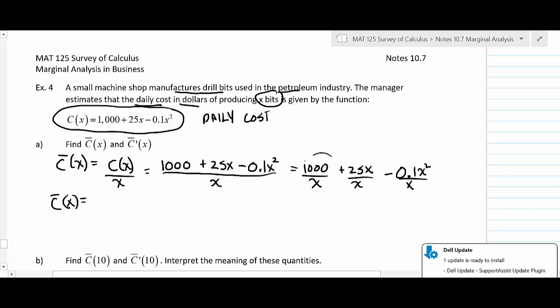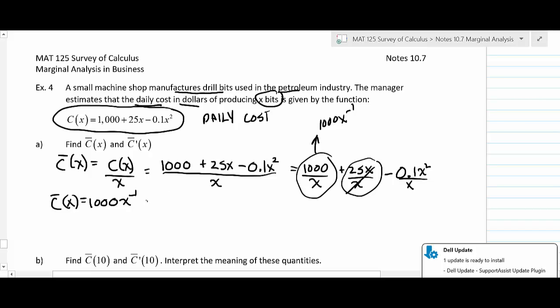Okay, now before you differentiate, if you were going to differentiate 1,000 over X, what would you have to do to that X? You have to bring it to the top to make a negative exponent. So I'm going to have you go ahead and just write that like this. Okay, so we're going to write that first term as 1,000 X to the negative 1. Okay, the next term, what happens?